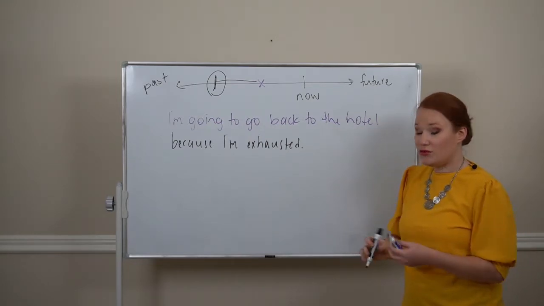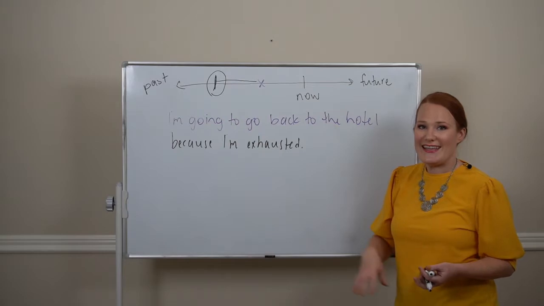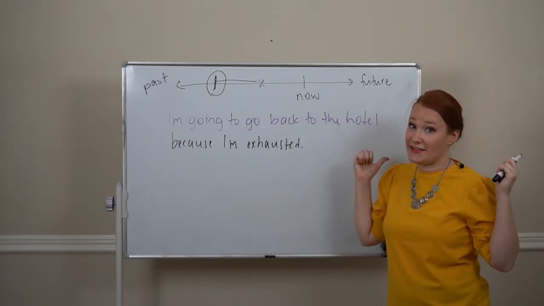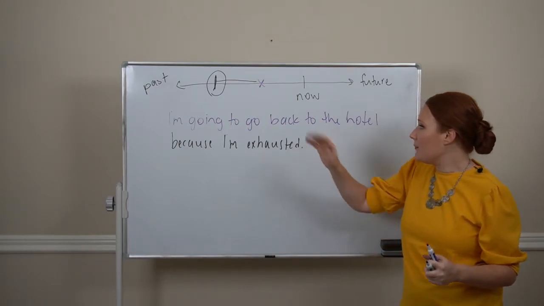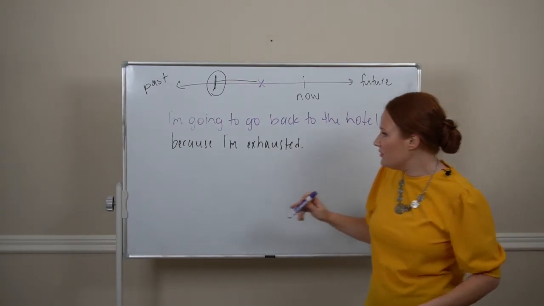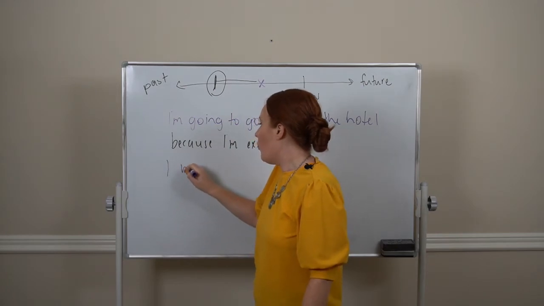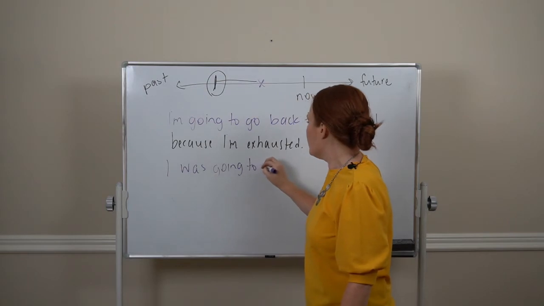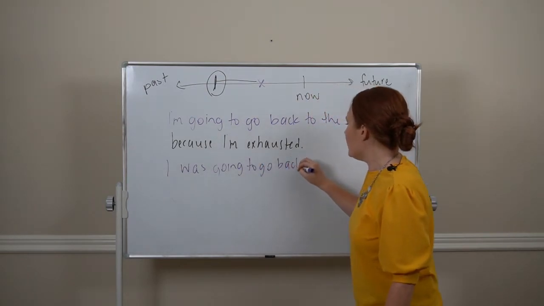So, like we do with reported speech, we're going to take each verb and push it one tense into the past. So, I'm going to go back to the hotel would become I was going to go back to the hotel.